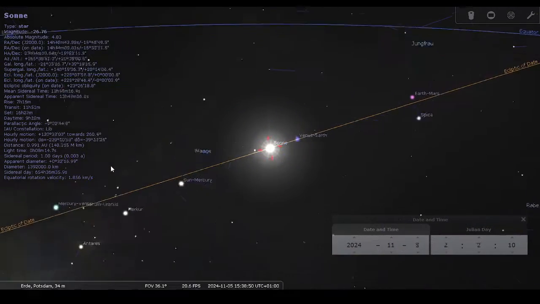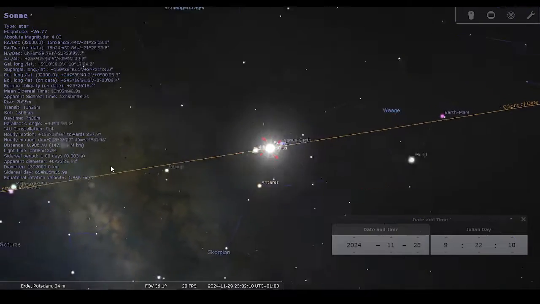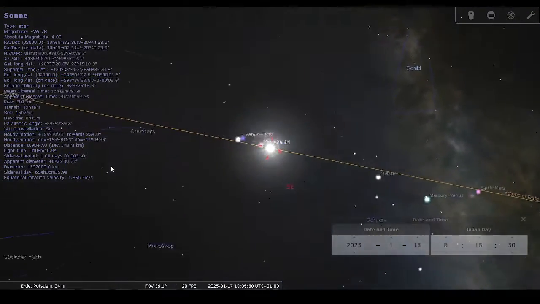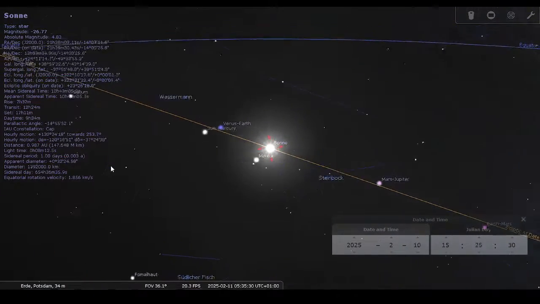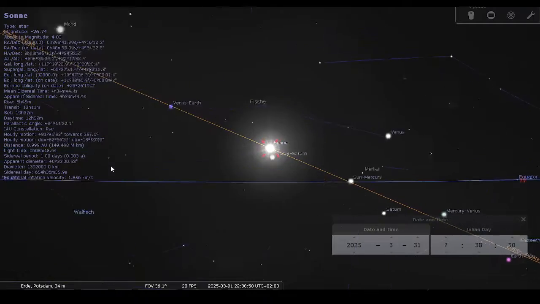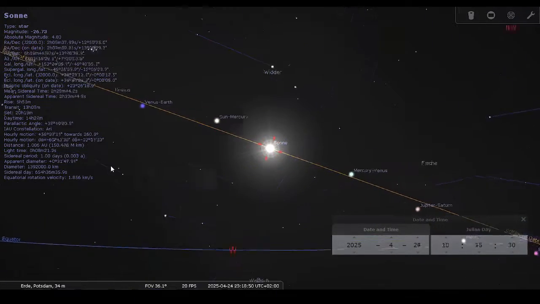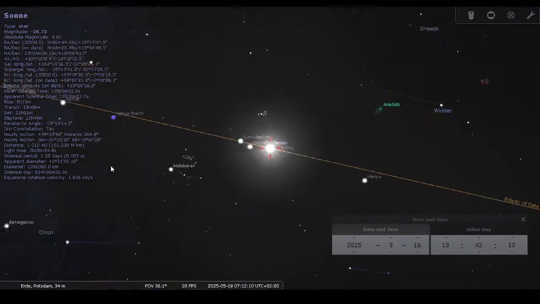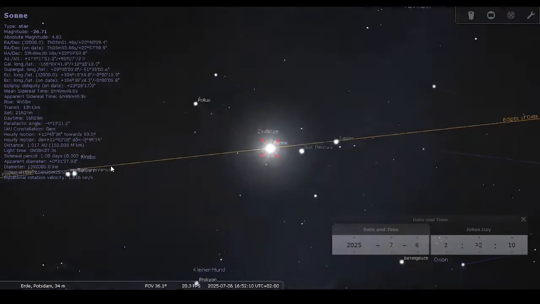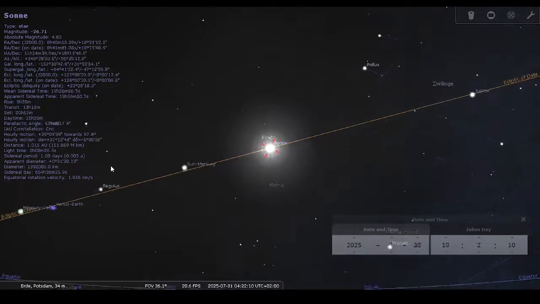It should take a bit of time to get to the other side of the Sun. For Venus-Earth, you can see it's orbiting rather slowly compared to our Sun. Compared to Venus, it's a bit slower too, but it's very slow compared to Sun-Mercury.